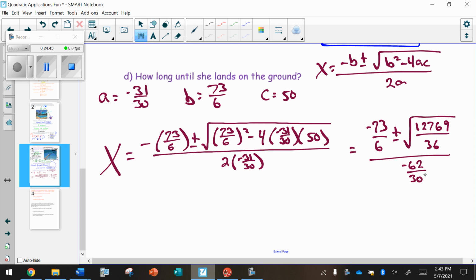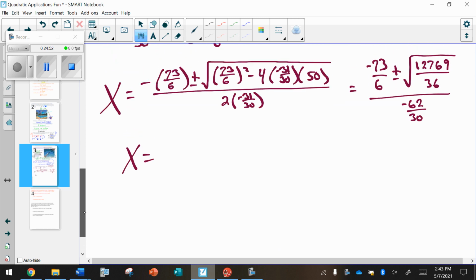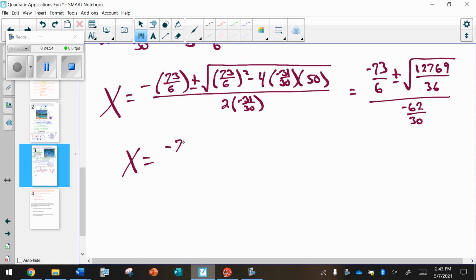Okay, so believe it or not, this radical actually turns into a perfect square. So I'll get negative 73/6 plus or minus, and the square root of this is actually 113/6. And then this negative 62 over 30 does simplify, but does not divide out evenly.